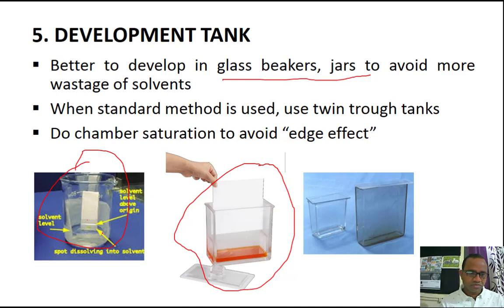The bottom of the developing chamber is filled with the solvent, so a small portion of the glass plate is dipped into it so that the solvent can rise along the plate by capillary action.